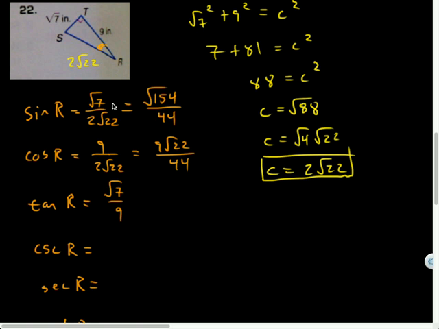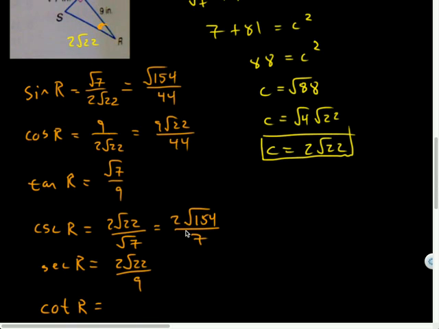Cosecant is the reciprocal of sine, so that would have been 2 roots of 22 over the square root of 7, so 2 square roots of 154 over 7 when I rationalize. Secant is the reciprocal of cosine, so that would be hypotenuse over adjacent, so 2 roots of 22 over 9. Am I right? And cotangent is the reciprocal of tangent, so that's 9 over the square root of 7, which when rationalized would be 9 root 7 over 7.